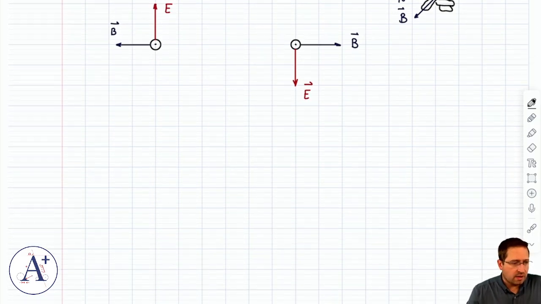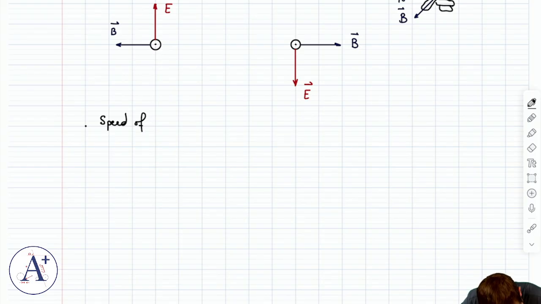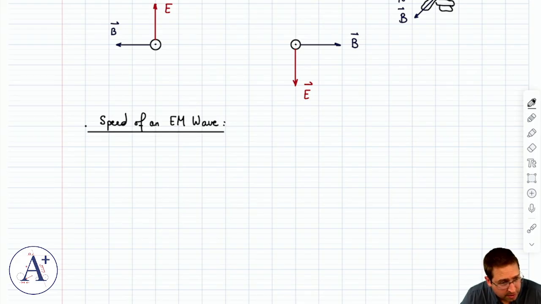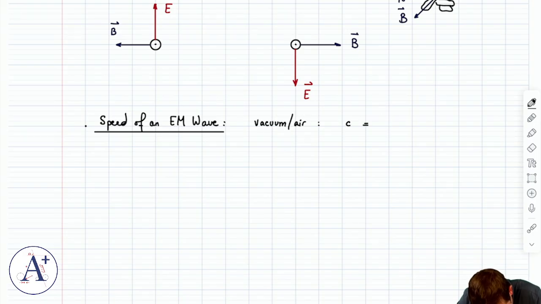And so last few properties, speed of an EM wave. Now we already touched on this, but it is going to be, in the case of propagation through vacuum or through air, the speed is going to be c, which is the speed of light, 3×10⁸ meters per second.